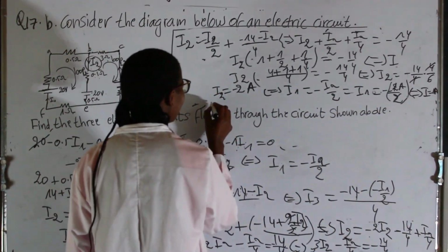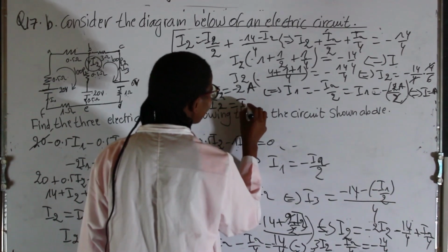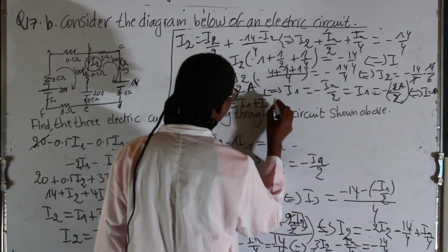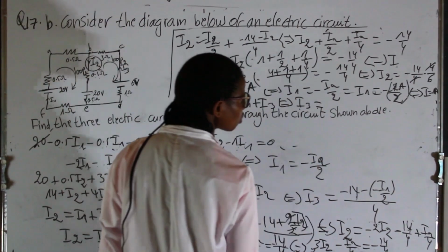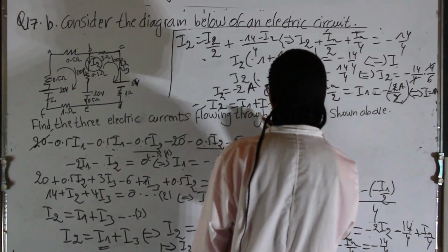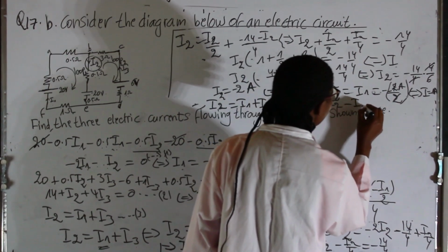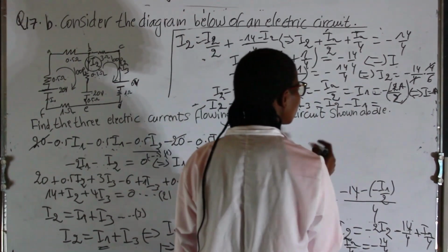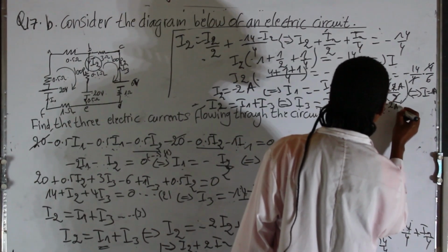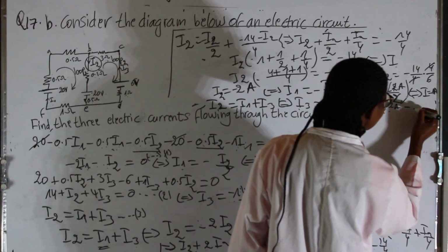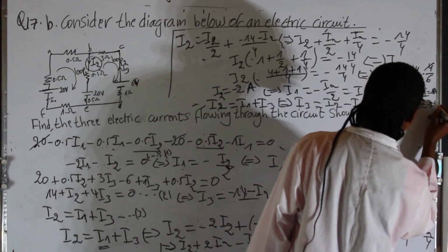Then I2 equal to I1 plus I3. Then I3 will be equal to I2 minus I1, which will be equal to minus 2 ampere minus I1, which is equal to 1 ampere, which will be equal to minus 3 ampere.